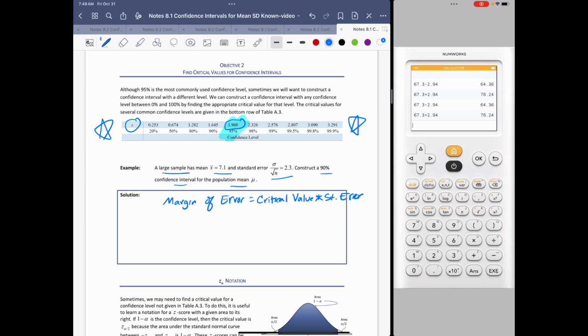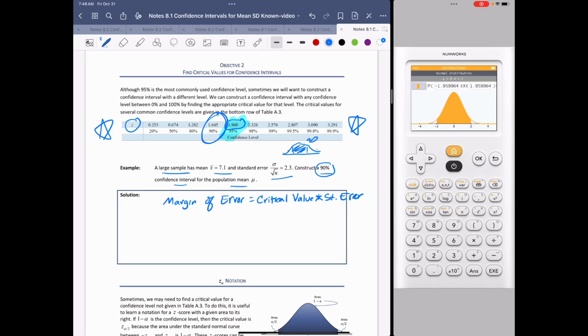So for this problem, I want a 90%. All I do is go to my center curve, 90%, and I go out to my distribution. Always go back and make sure your parameters are correct. They are. It is a center tail, and I want the area to be 0.90.